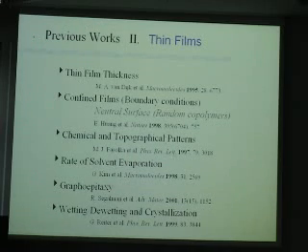So, for example, we have to think about how we control the thickness, and also confined films, boundary condition, how we control the boundary condition in the thin film. Also, the people use the chemical or topographic pattern structure to control the structure, and the solvent evaporation and graphoepitaxy, and also the wetting, de-wetting, also one of the external force to control the orientation.